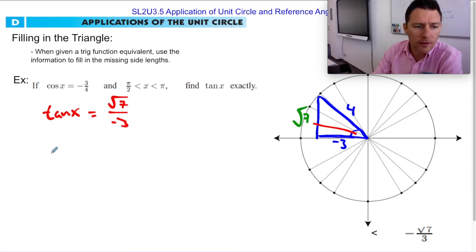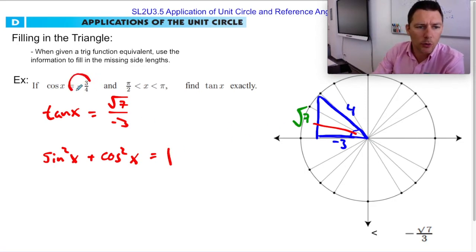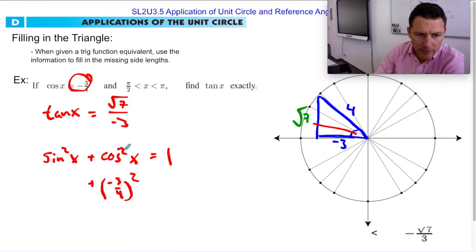You could also do that with sine squared of x plus cosine squared of x equals 1. And we could put in cosine for this. This would be -3/4. That's the cosine of x squared, right? That's what this piece means. Here's sine squared of x equals 1.